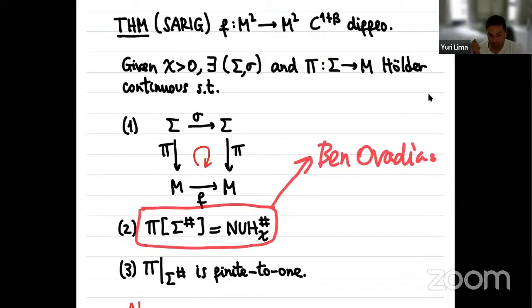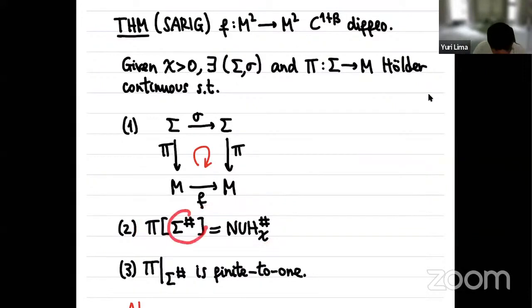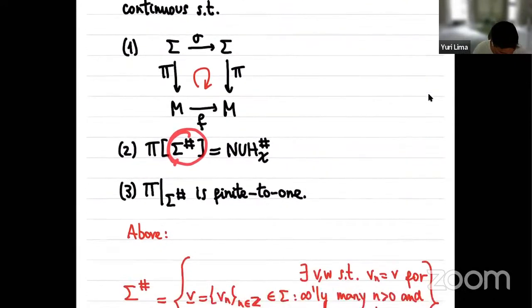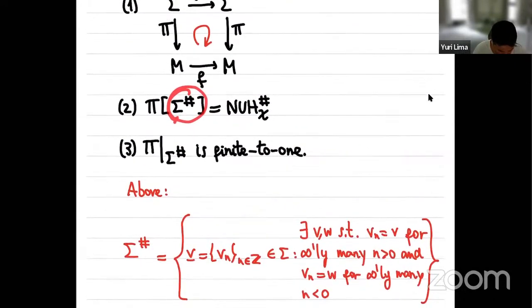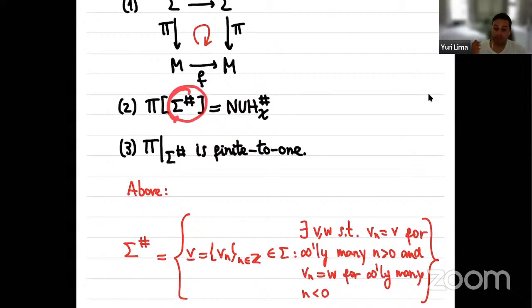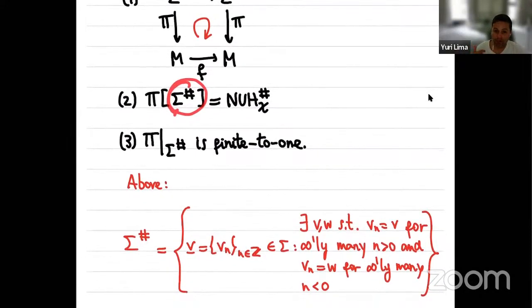So he was actually able to understand what would be the image of this subset here of your symbolic space. And just to complete the statement, what is the subset of your symbolic space? It is basically the symbolic counterpart of this sharp subset that we introduced. Recall that sigma is a space of sequences.